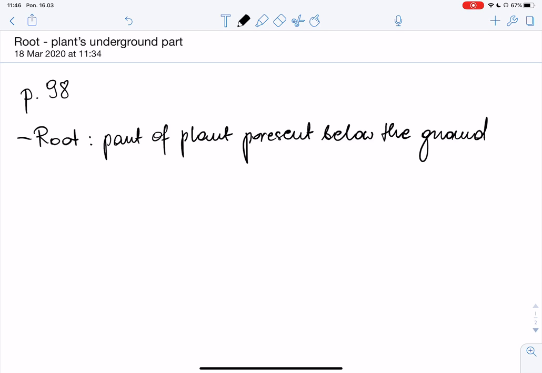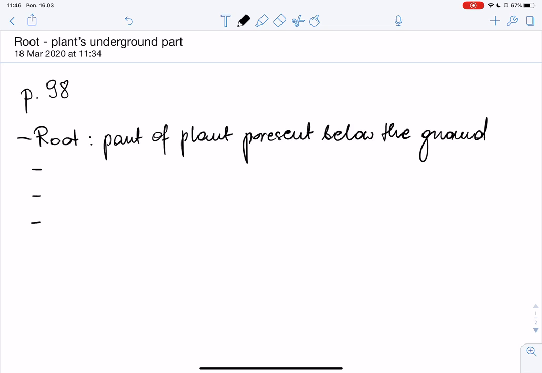And guys, why do plants need roots? Think for a moment. There are at least three reasons why plants have roots.